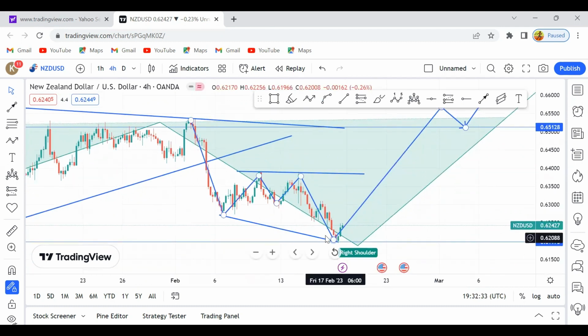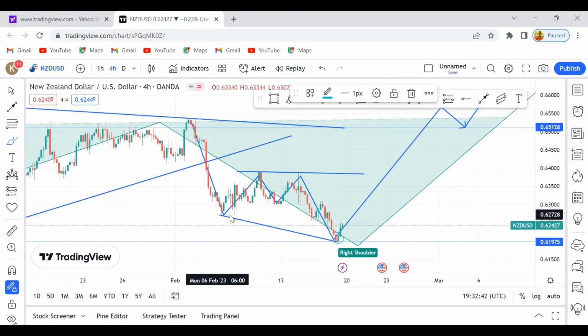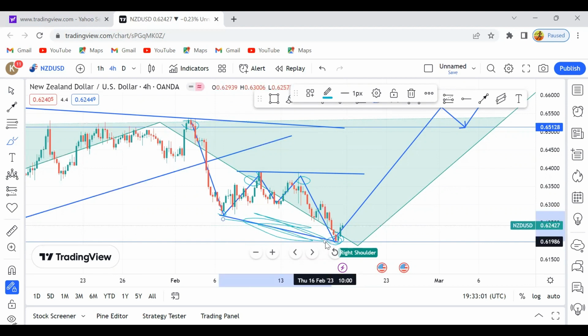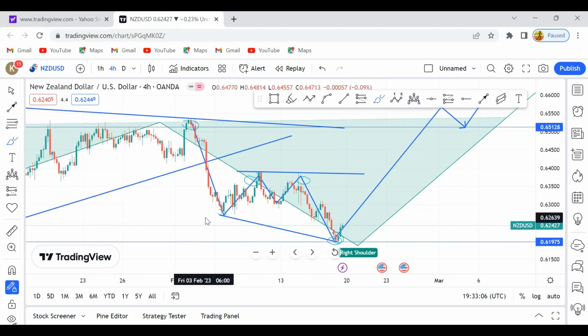We do have confirmation, first confirmation from the zone here, first confirmation, second confirmation, third, fourth, fifth, and sixth. We have 6 confirmations. The 6th confirmation, which I just highlighted, is the diagonal supporting zone here, or rather diagonal support.